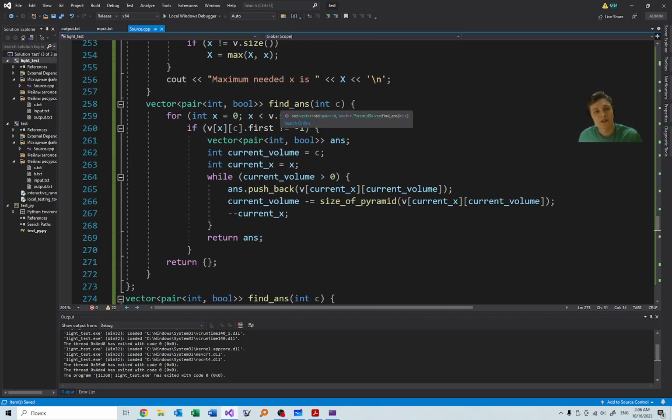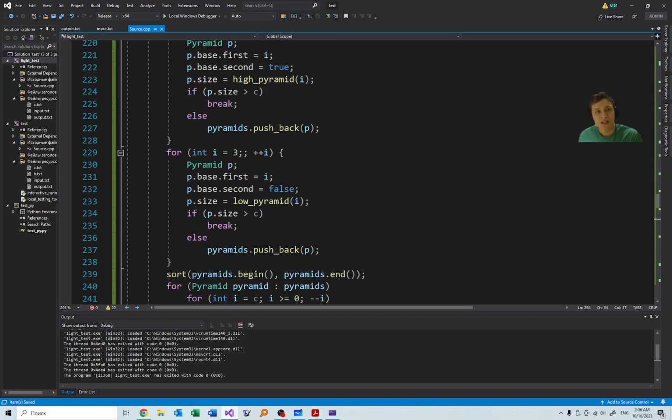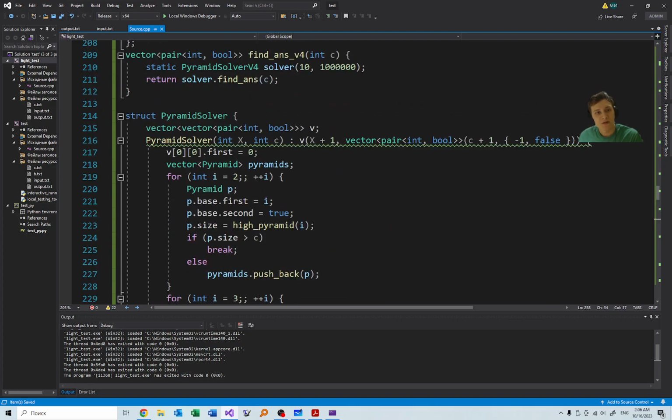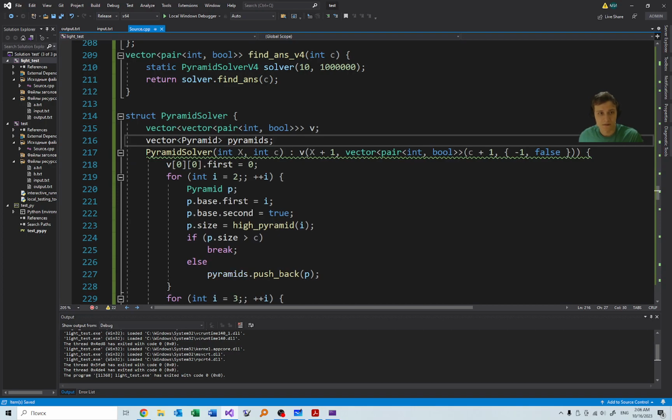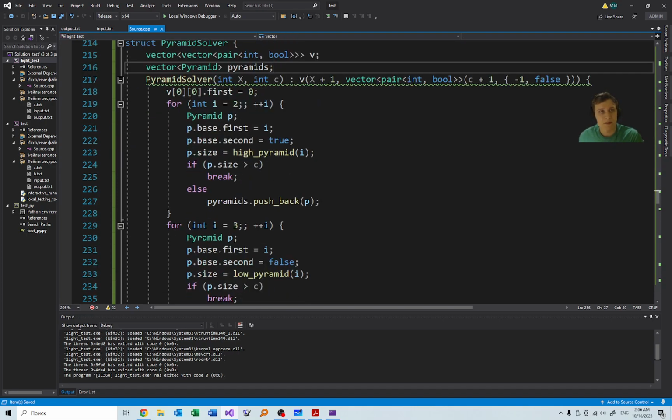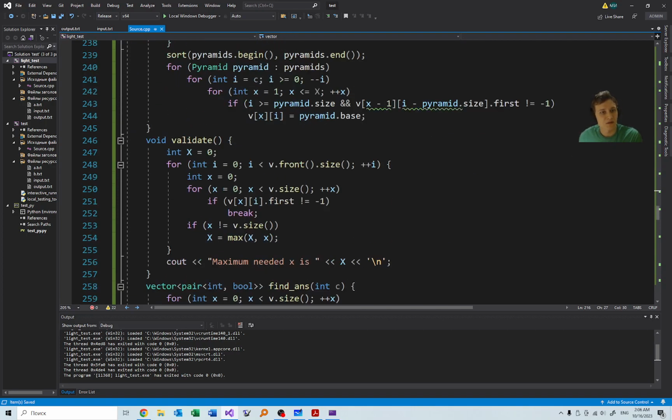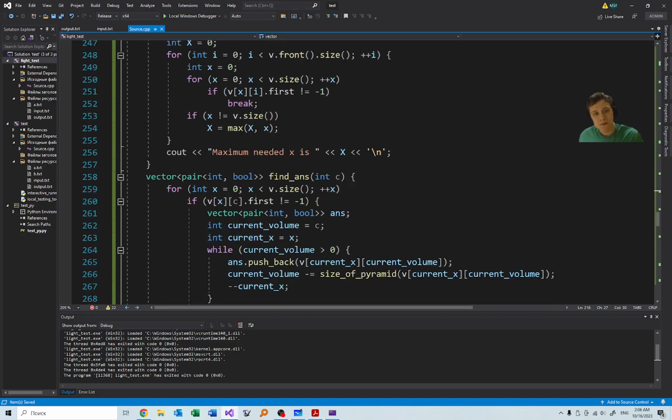Also, we need to fix the find answer procedure. For that, I would like to store this vector of pyramids. So actually, this will be here. This will be a vector in the solver. Why? Because we will use it here.